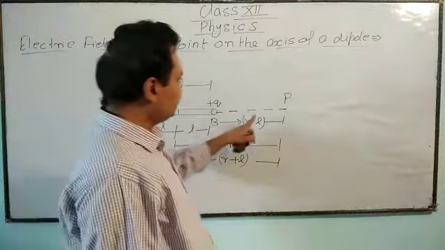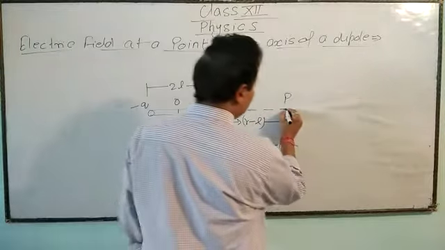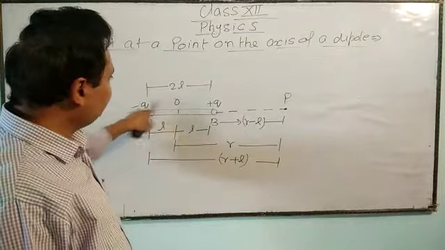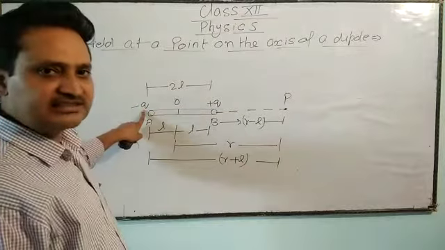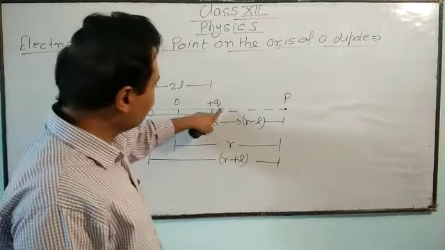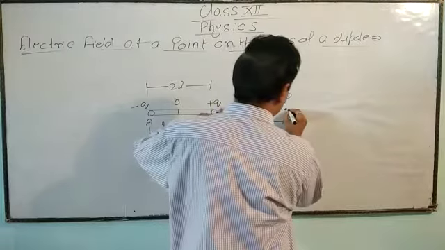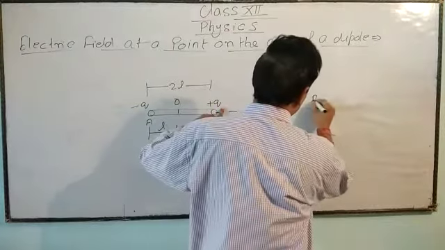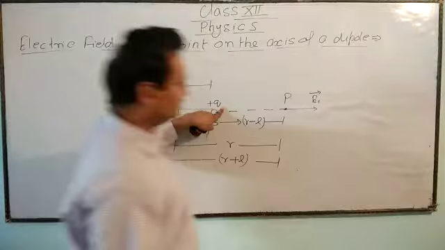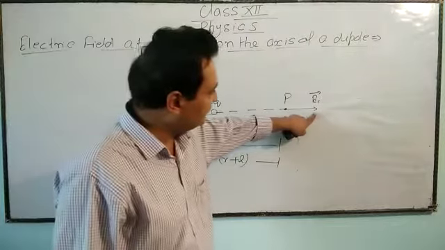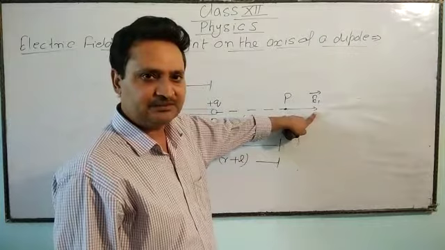Now draw the direction of the electric field at the point P due to the plus Q charge and due to the minus Q charge. First of all, for the plus Q charge, the electric field direction at the point P is away from the charge, because due to a positive charge the direction of the electric field is away from the charge.